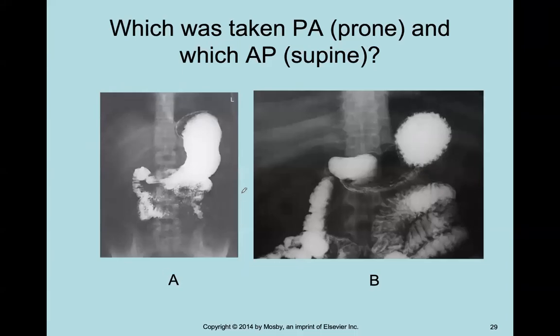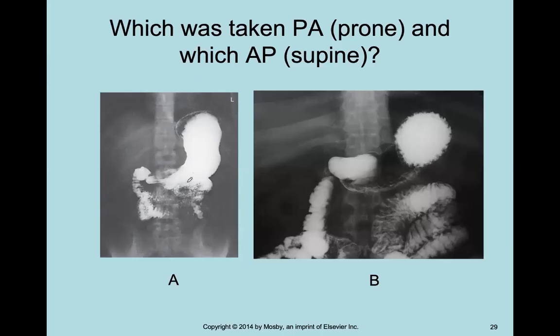Very good. Okay, so this image right here, based on what we just covered, what position is A? Is A supine or prone? So this is considered the fundus. This is air. That blackness, that is air in the fundus and contrast media in the body.